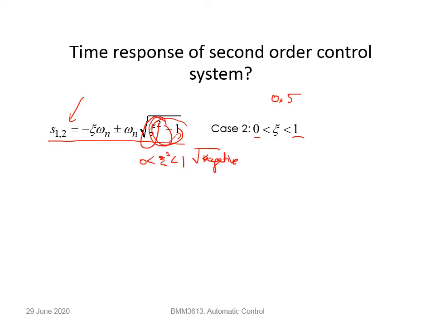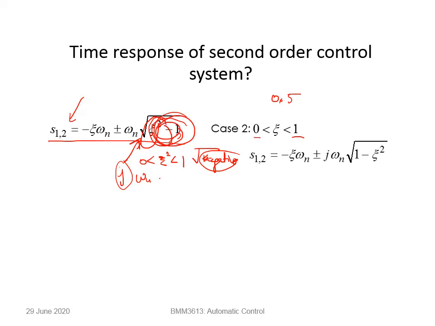If we take the square root of a negative value, what does it mean? It means we will have a j term, and then omega n multiplied by the value that we have in here.